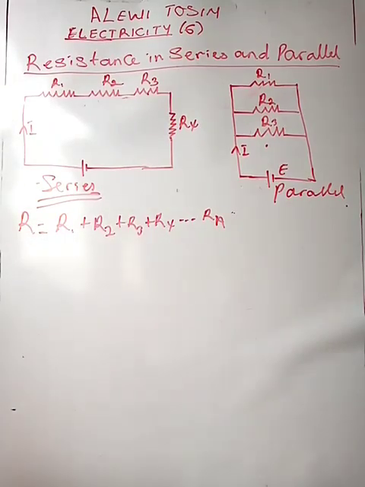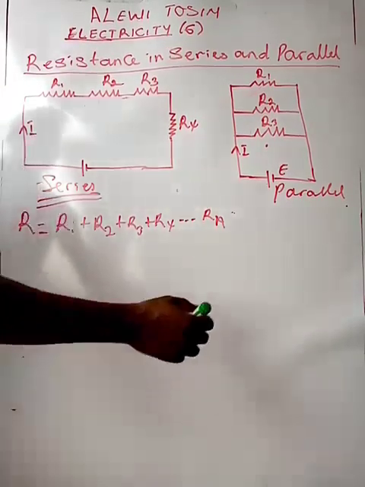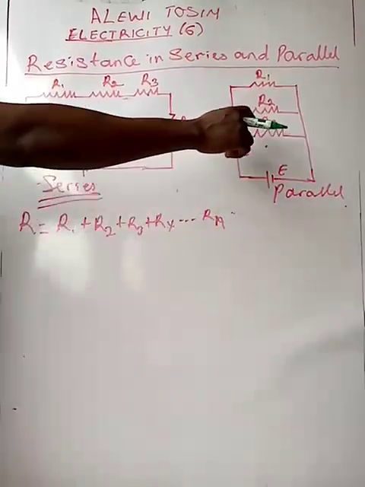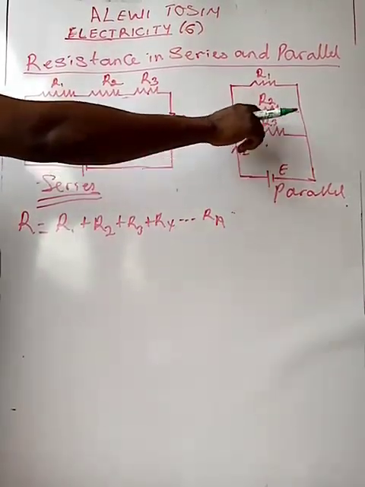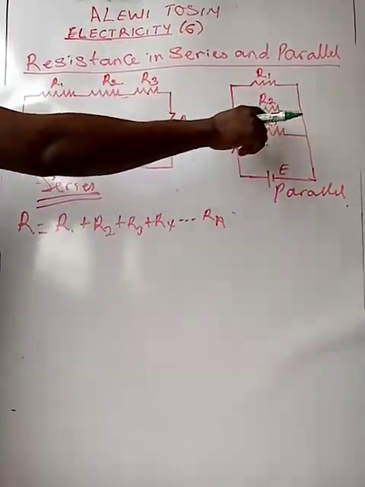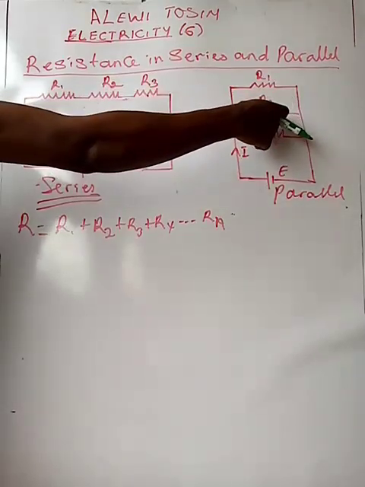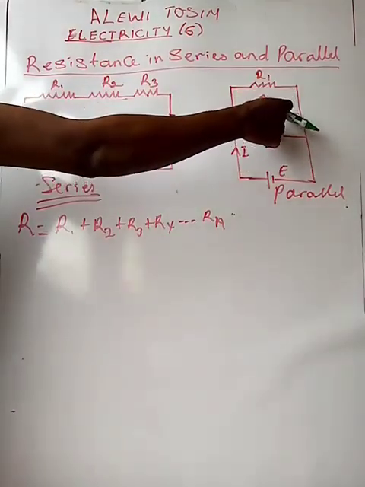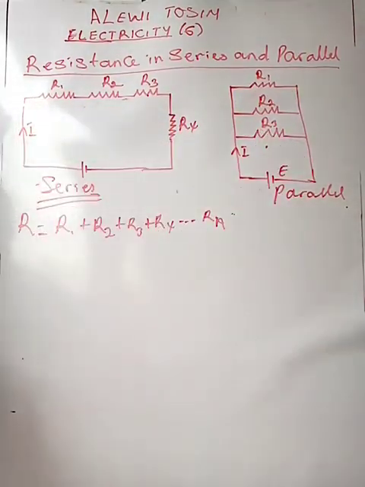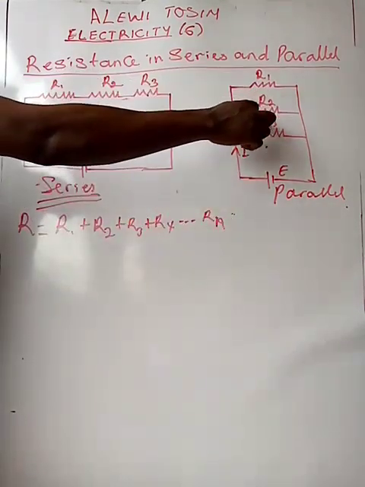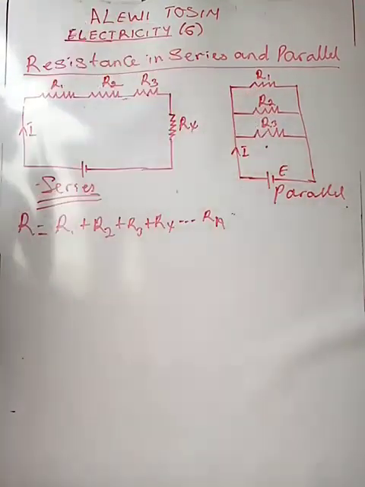Now, for parallel connection, our currents in R1, R2 and R3 are different. We have different currents in each, but our potential difference, that's the voltage, in R1, R2, R3 is the same.